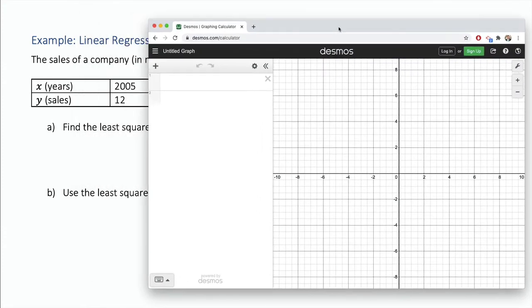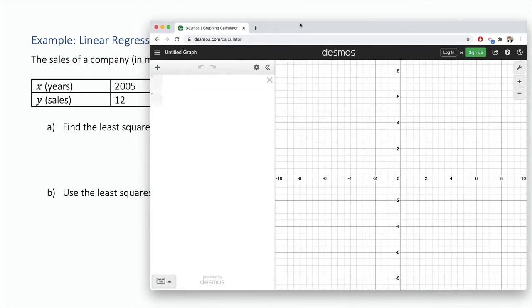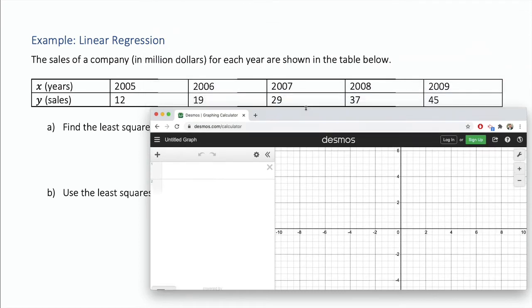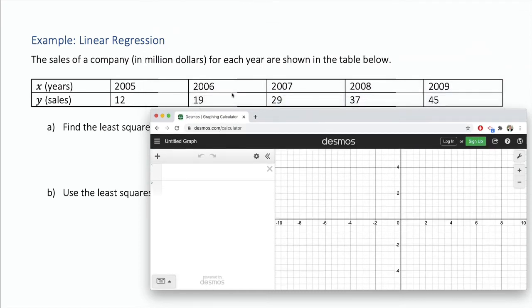In Desmos, if you go to desmos.com/calculator, it gives you a standard graphing calculator. And what we're going to do is first input these points into a table. So we're going to click this plus and add a table. Then we're going to put in our x and our y values.